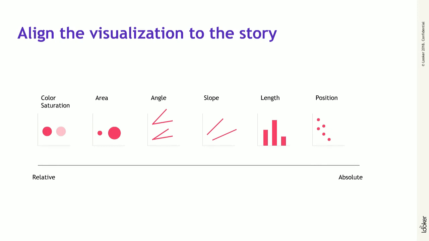Things on the left side of the spectrum are better suited for relative comparisons. You can tell without a doubt that the second circle was much larger than the first, but at least for me personally, the specific magnitude of the difference is more difficult to detect. On the right side of the spectrum, you have attributes that are best used for showing absolute comparisons.